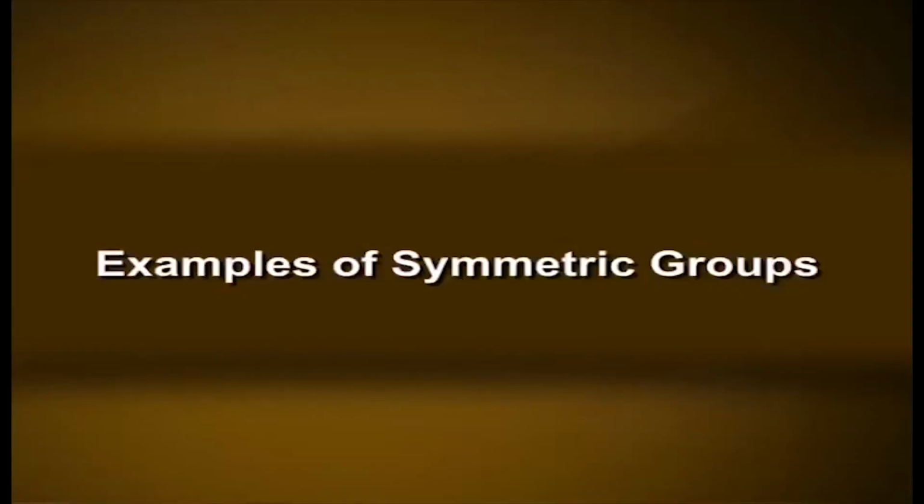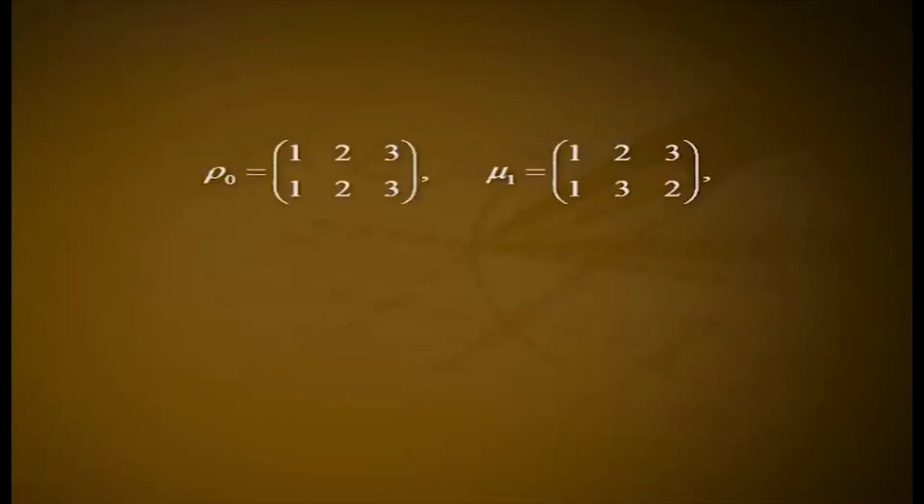Examples of symmetric groups. Example 8. Symmetric group of 3 letters. Let A is equal to the set 1, 2, 3. Then S3, the symmetric group of 3 letters, has 3 factorial is equal to 6 elements, and they are rho naught is equal to permutation 1 to 1, 2 to 2, 3 to 3.